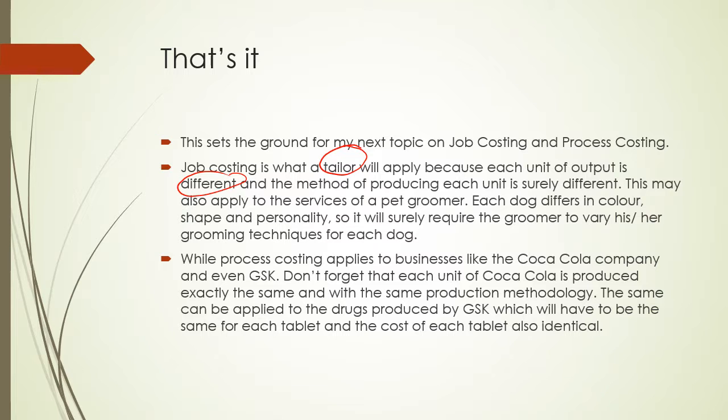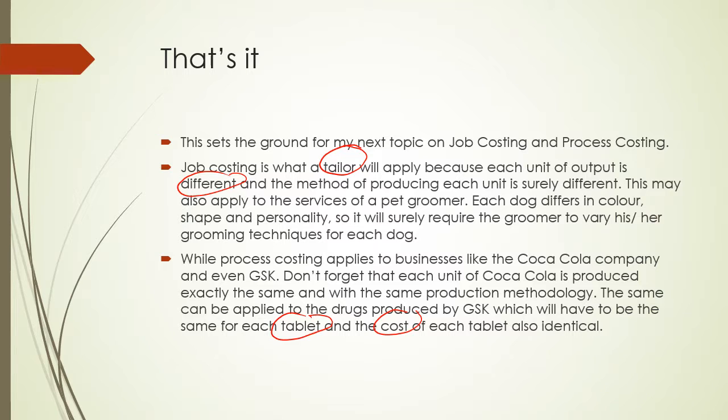So if GSK produces drugs, then every tablet should be identical, and so is the cost of each tablet. Now, for the Coke company and GSK, what they practice is process costing.